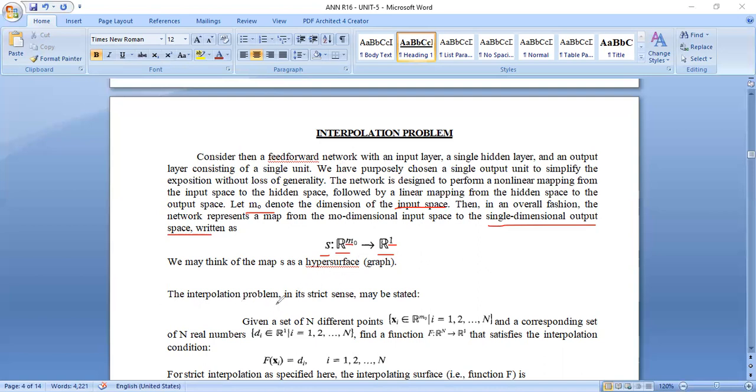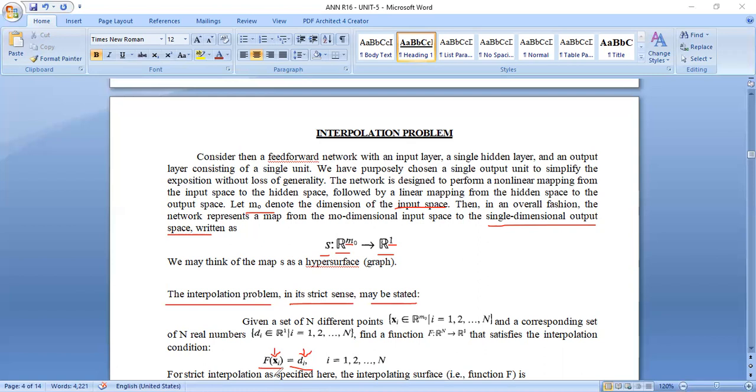So the interpolation problem in its strict sense may be stated as f of xi equal to di. What is f of xi? It is the output function. Here xi is the input vector from the input space, and di is the desired response.